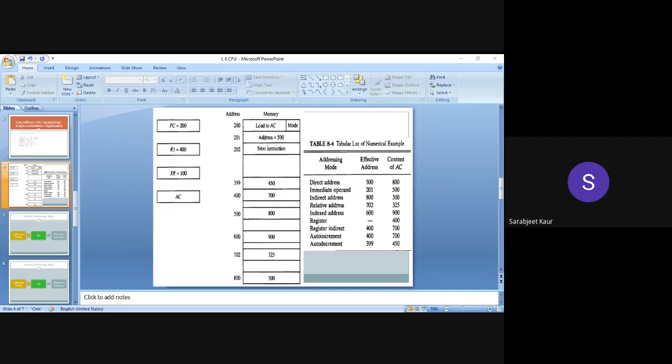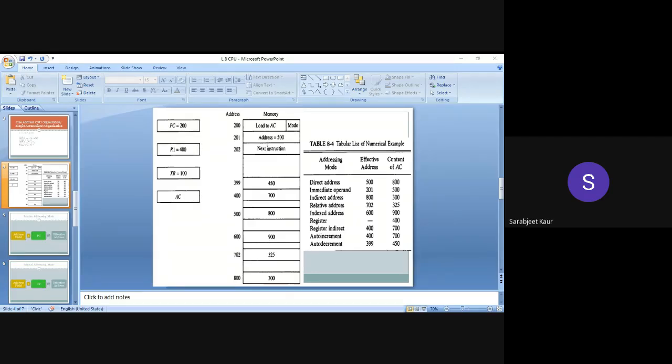Obviously there is no memory address here which can serve as the effective address, because the number of the register serves as the effective address. So this is being left blank. You can also, in bracket, say not applicable, and in bracket put in register R1, for the effective address.